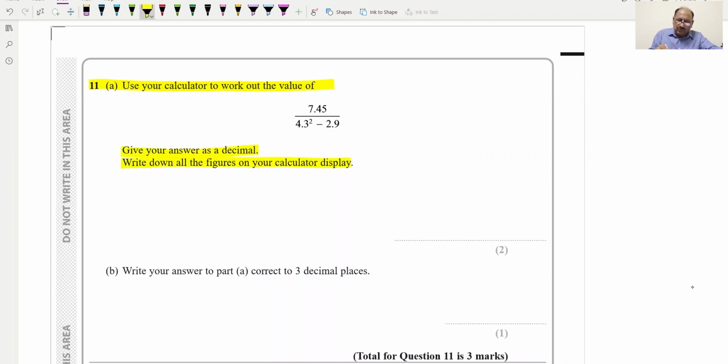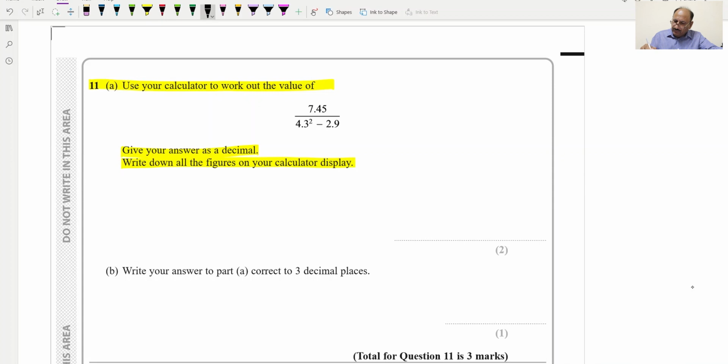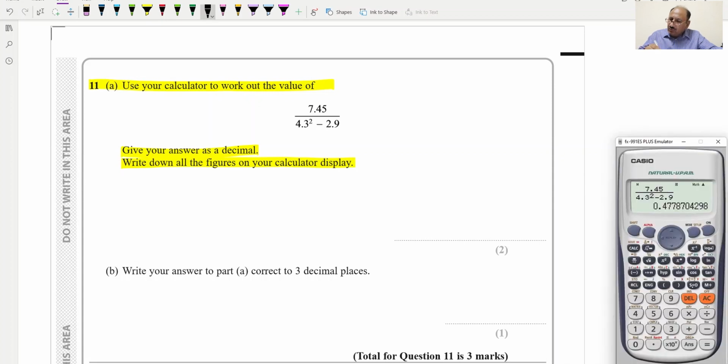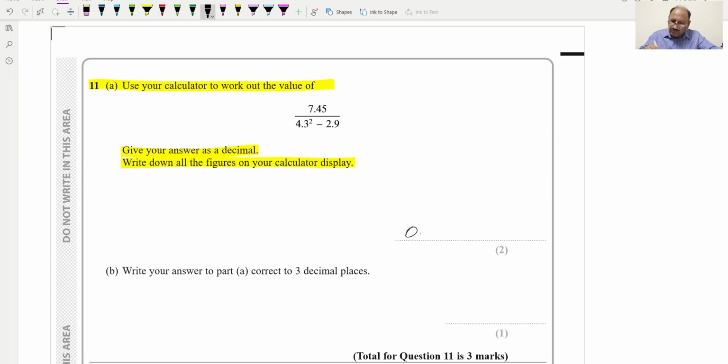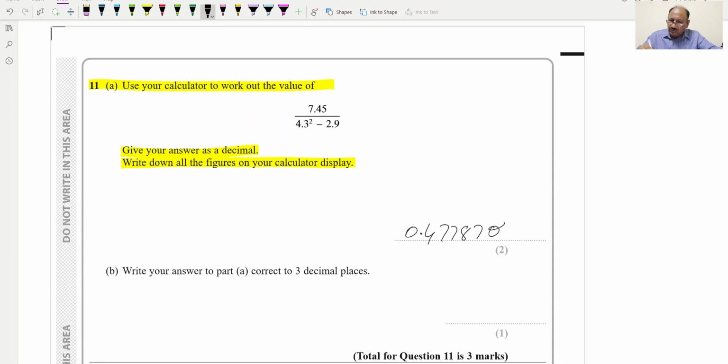Write down all the figures on your calculator display. So these are the numbers we have to provide: 0.47787 and 04298, and these are all the numbers, and it's for 2 marks.